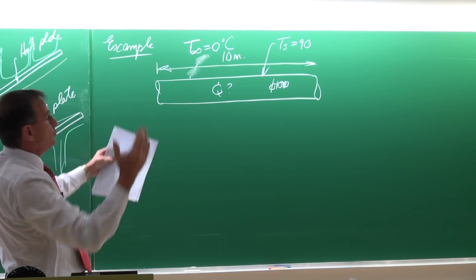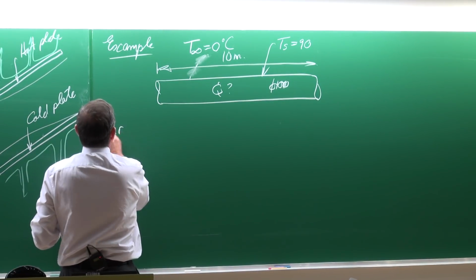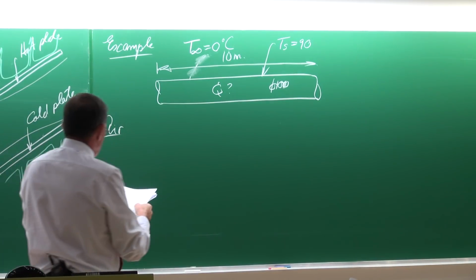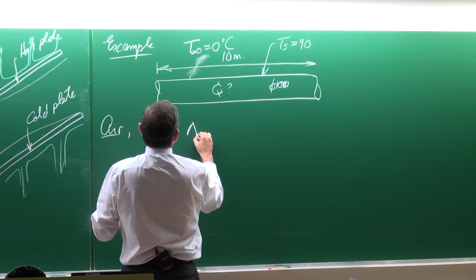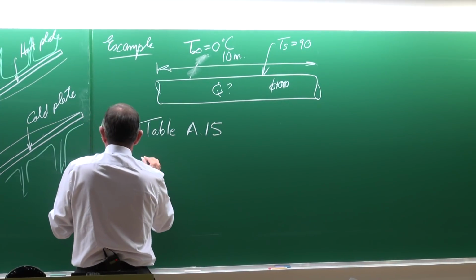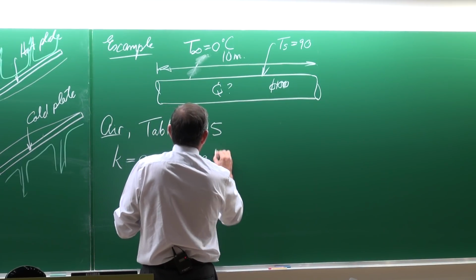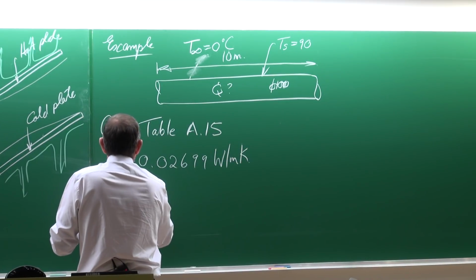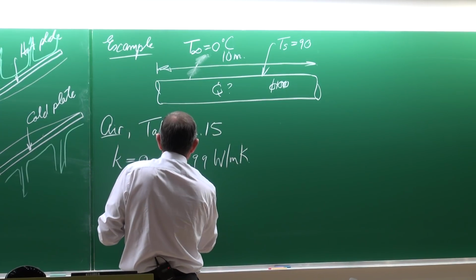Okay, so on the outside we've got air. And we need to get the properties for air. If you go and look in your textbook in table A15, you'll get the properties there. And the properties is a K value equal to 0.02699 watt per meter Kelvin. Prandtl number is equal to 0.7233.